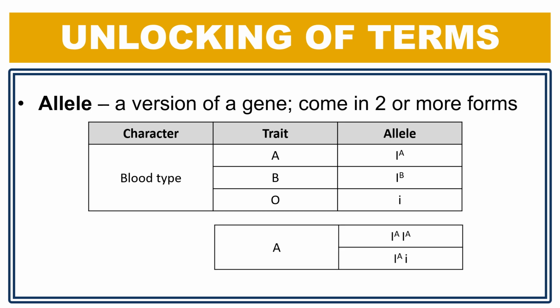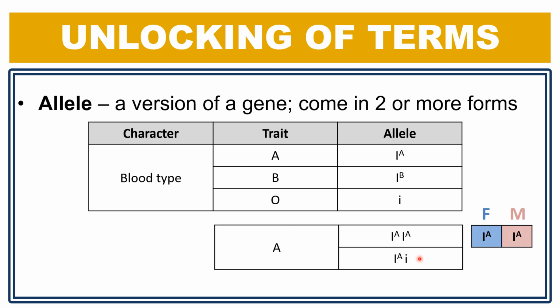For blood type A, the alleles come in two sets. It can either be like this or like this, depending on what we have inherited from our mother or father.